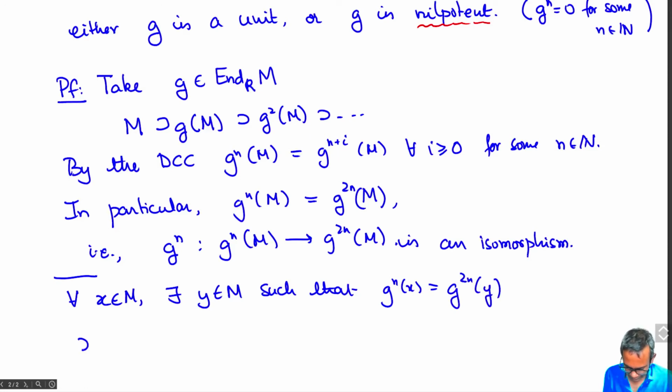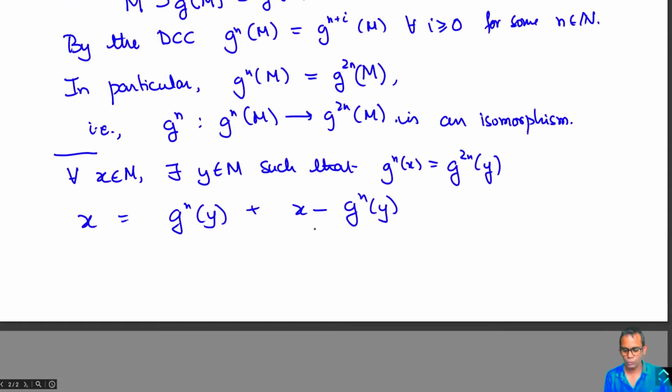And so I can write x as g^n y plus x minus g^n y. Now let's look at these two parts of the sum.